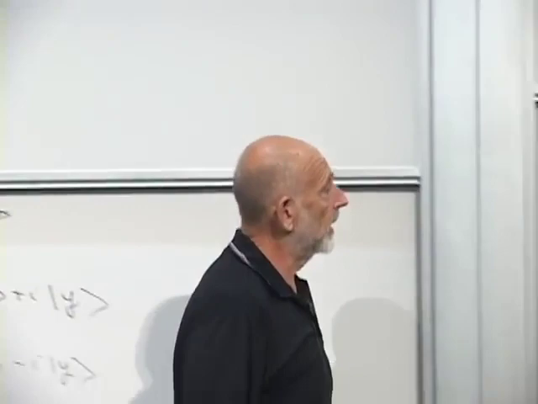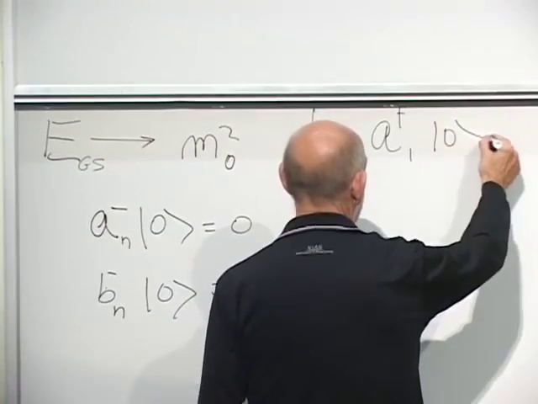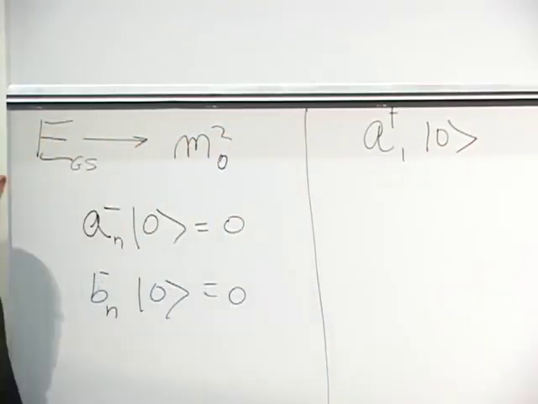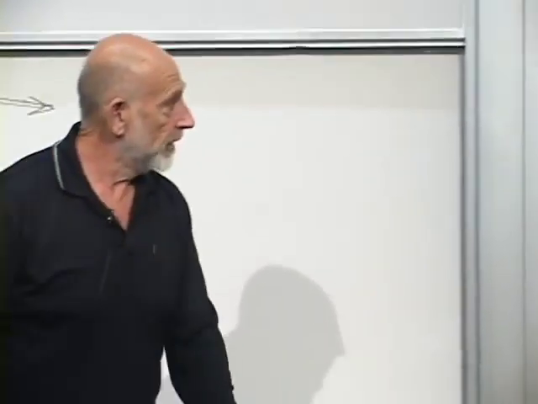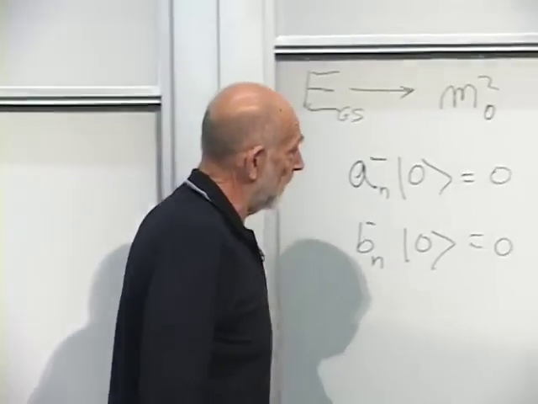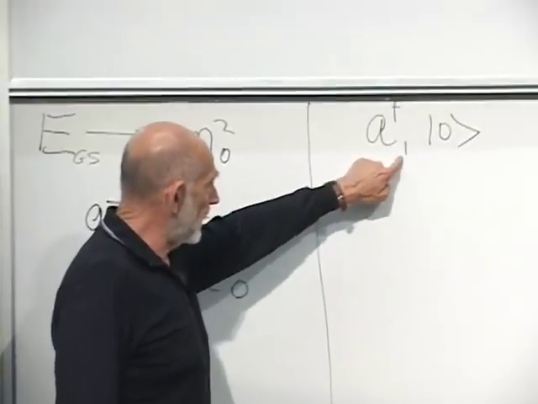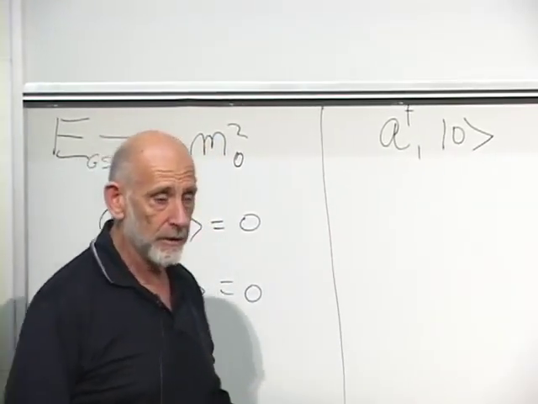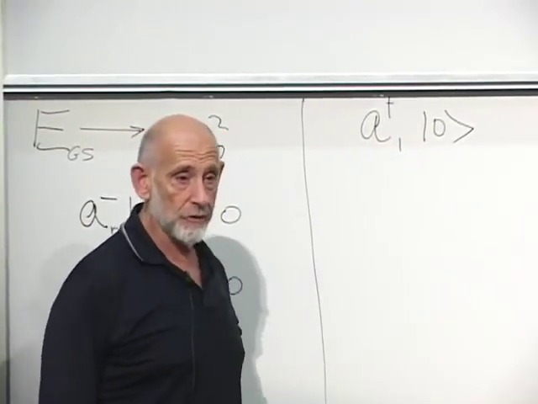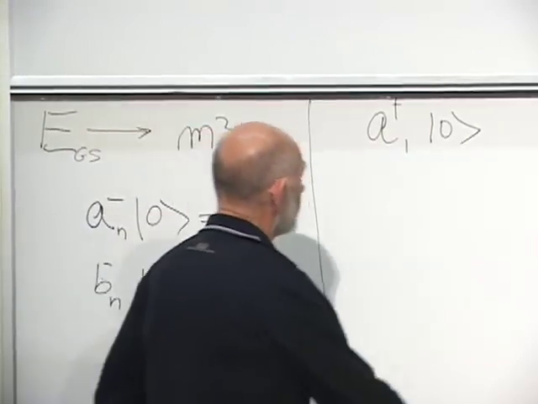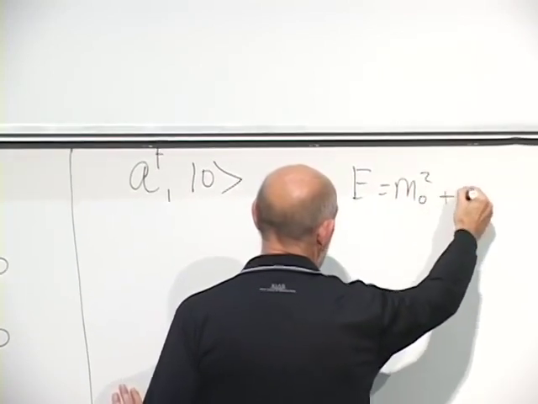So we hit it with A sub 1. What's the energy of that state? We've increased it by 1 unit. This 1 here indicates that the frequency of that particular oscillator is 1 unit. The energy that you add is 1 unit. So the energy of this state is whatever m0 squared is plus 1.